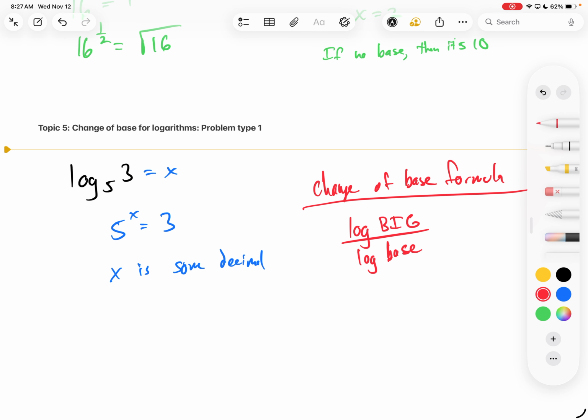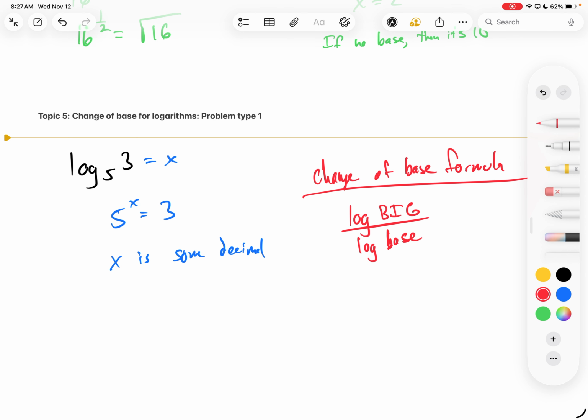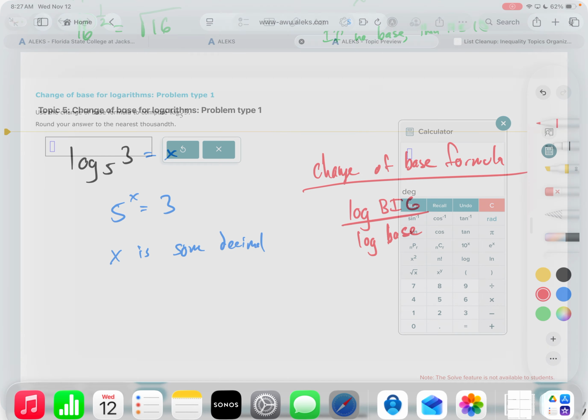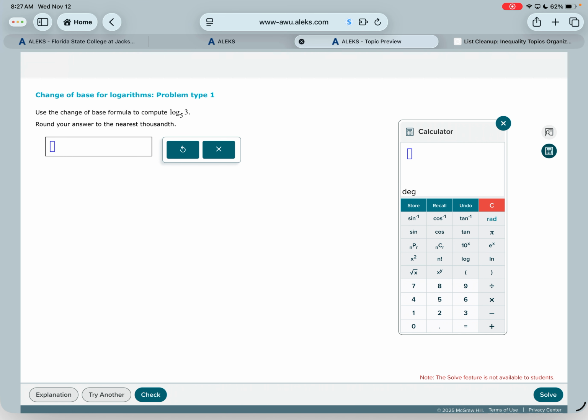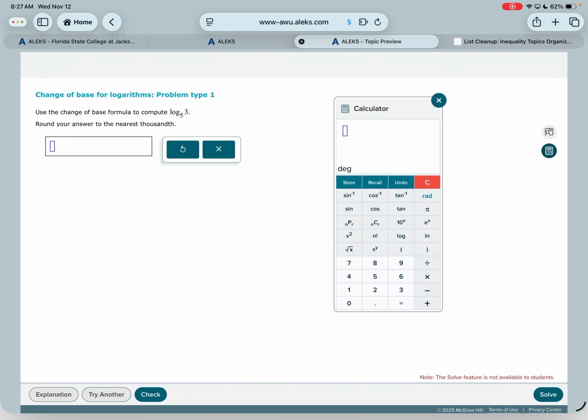Even if you have log base 7 of 343, like that's hard to do in your head. Maybe you don't know that 7 cubed is 343, so you can do it in there. So what I do is I do log of 3 divided by log of 5. In this calculator, I can't change the base of log, so using this formula automatically changes it for me.